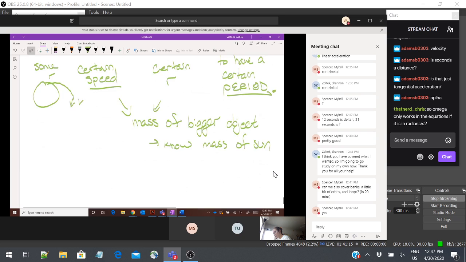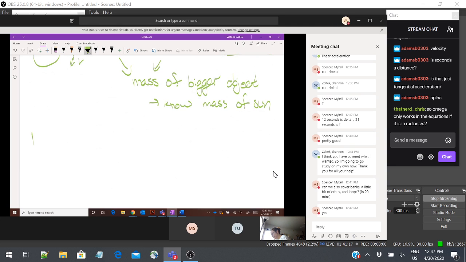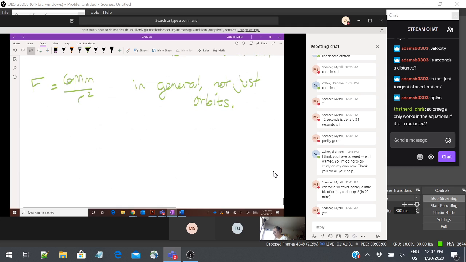So the other thing you will see, this applies in general, not just orbits. If you jump up, you feel some force pulling you down, it is actually this same GM over R squared.